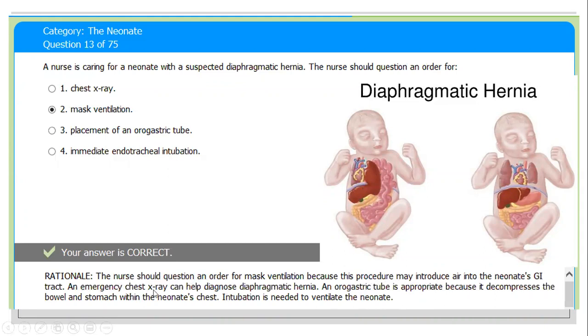An emergency chest X-ray can help diagnose diaphragmatic hernia, and an orogastric tube is appropriate because it decompresses the bowel and stomach within the neonate's chest. Intubation is needed to ventilate the neonate.